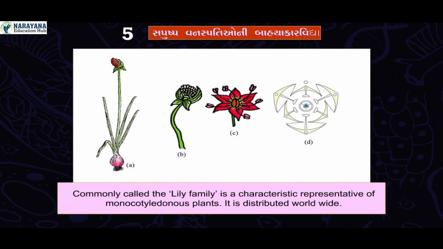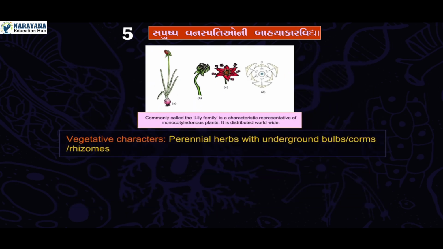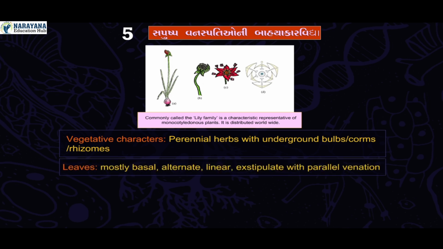Liliaceae, commonly called the lily family, is a characteristic representative of monocotyledonous plants. It is distributed worldwide. Vegetative characters: perennial herbs with underground bulbs or corms or rhizomes.